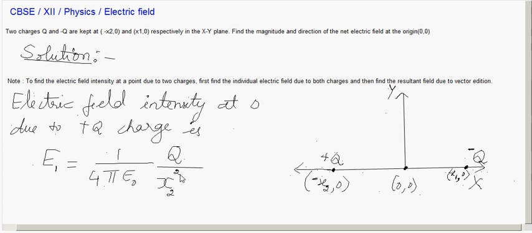Since it is a vector, for a positive charge the direction is away from the charge, so I can write away from plus Q. This is E1 marked in the figure.